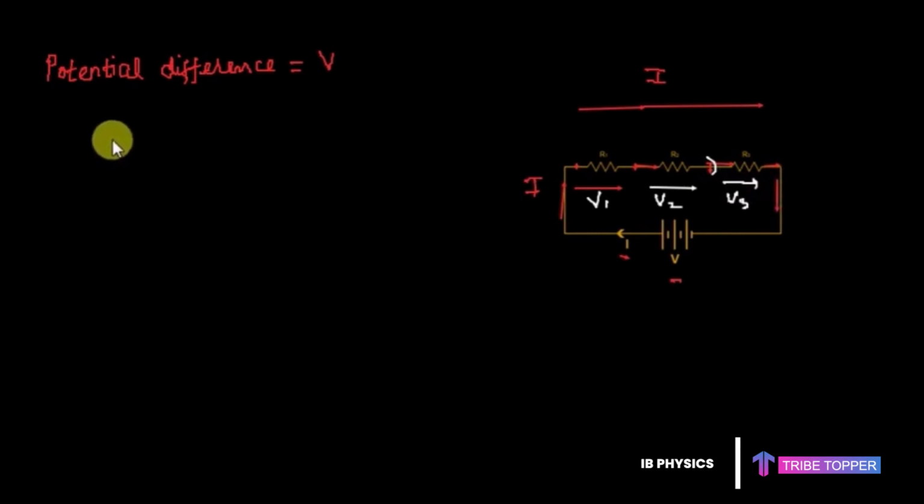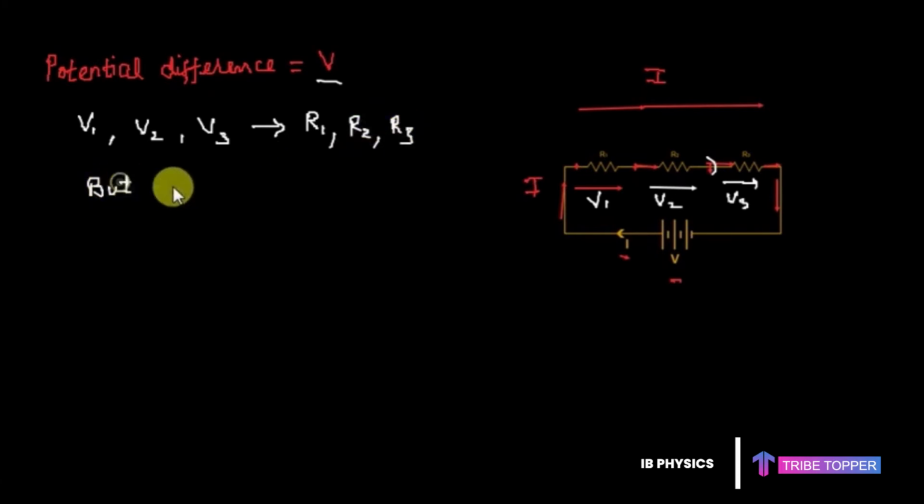So when we are talking of resistors in series, the applied potential difference is V, but V1, V2 and V3 are the potential differences across the resistors R1, R2 and R3. But it's important you remember that I is the same, as there is just one path to follow throughout. So I is the same across all the resistors.